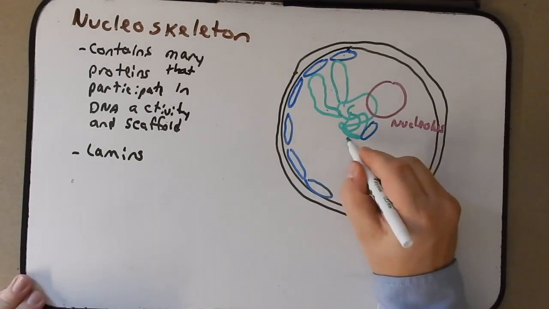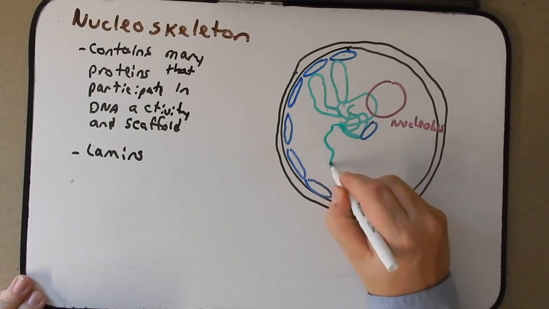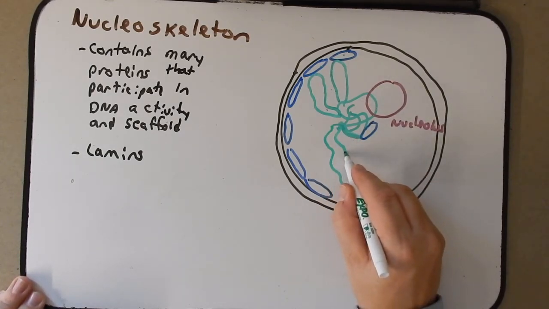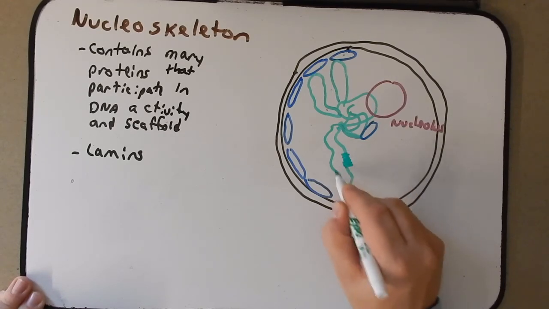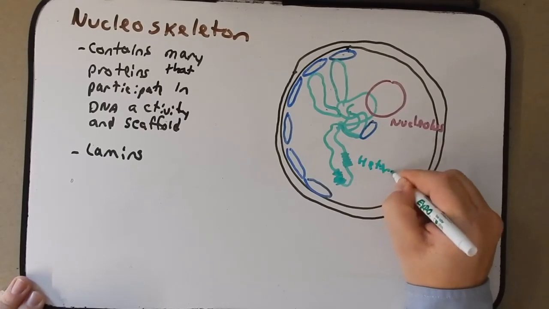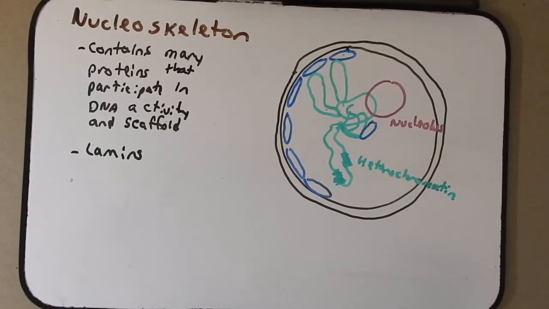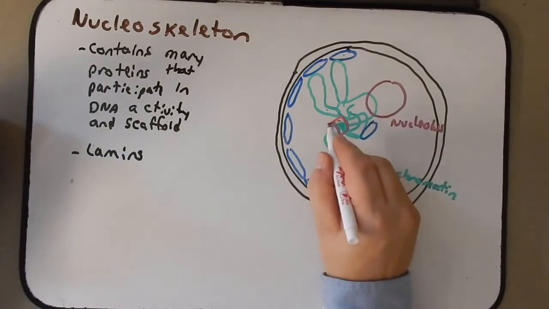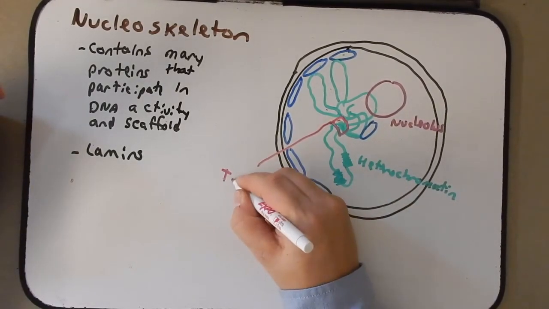And I'm going to extend some of this chromosome out some. And what we'll see is that within these regions here, we'll have heterochromatin. And we will also have regions, say right here maybe, which we will call transcription neighborhoods.